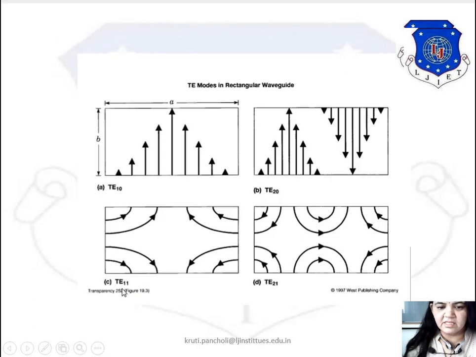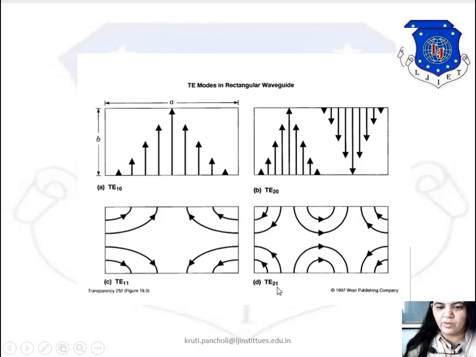Now you can see the TE11. What is TE11? I can say that TE11 means the variation in the wide dimension is 1. Similarly, in this direction, the narrow dimension, we also have the variation.